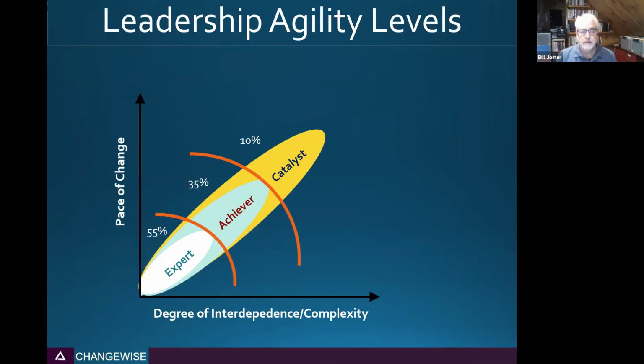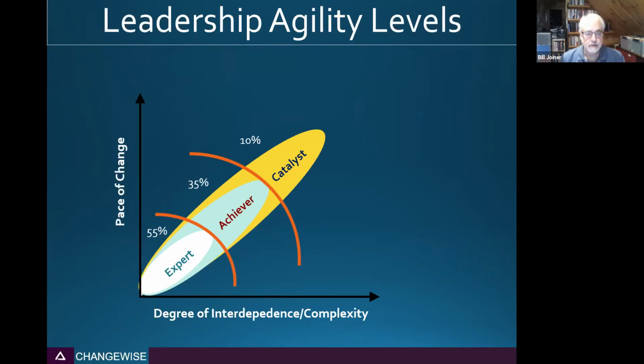One of the key elements in the leadership agility framework, and the one I want to really focus on the most with you this evening, is the levels of agility. And I'm superimposing this on the chart that I presented a minute ago, because what we found was these levels, we call expert, achiever, and catalyst levels of agility.